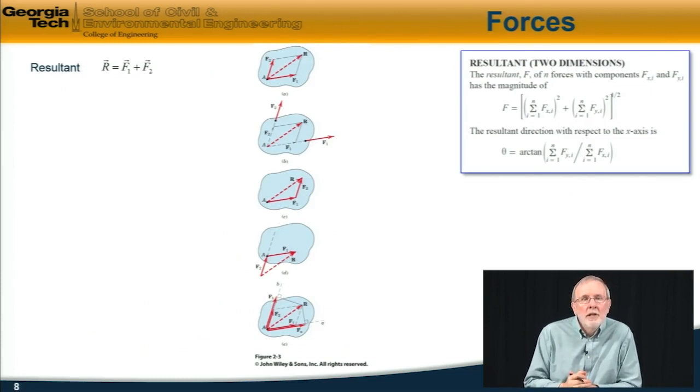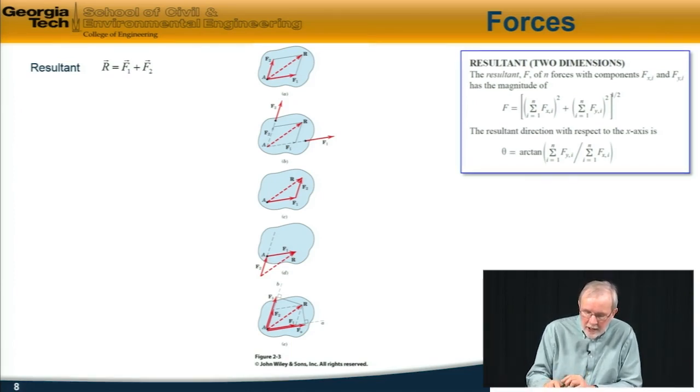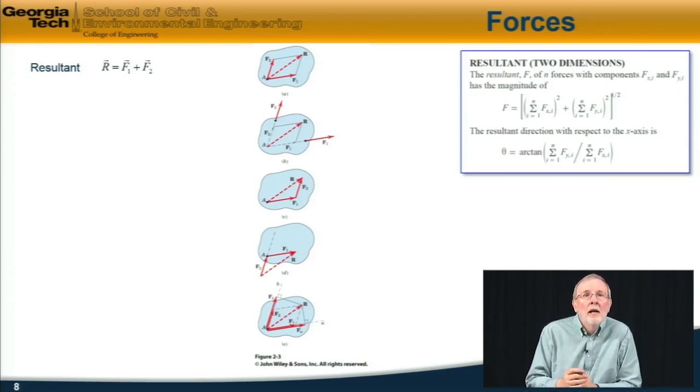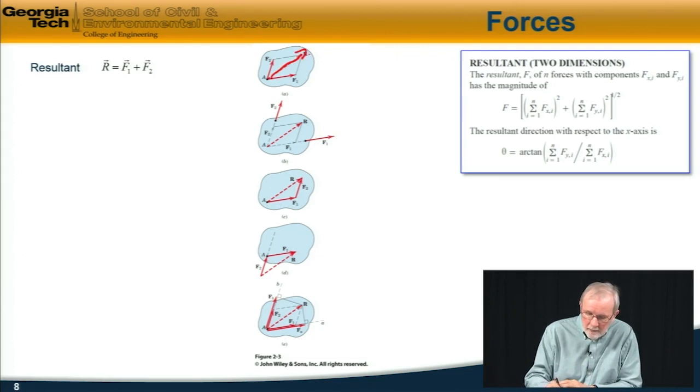Now, very often in statics we need to calculate the resultant force. And the resultant force is simply the sum of the forces which are acting on an object. For example, in this case here, where we have two forces which are acting, F1 and F2, the resultant force is simply the vector sum of those two forces, F1 and F2, which is as shown here.